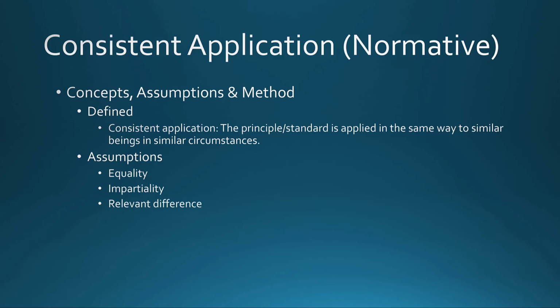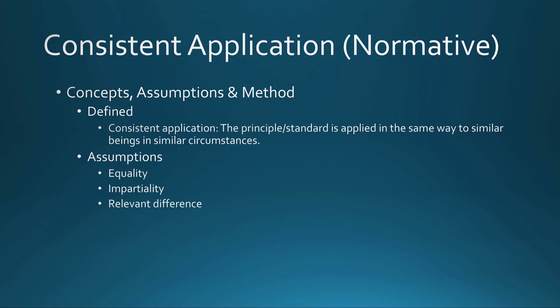We now look at consistent application, which is a normative method of engaging in argumentation. So, the definition is this. Consistent application involves applying a principle, standard, rule, etc. in the same way to similar beings in similar circumstances.